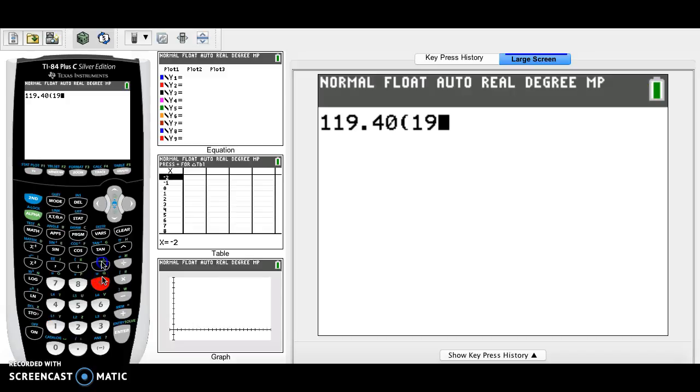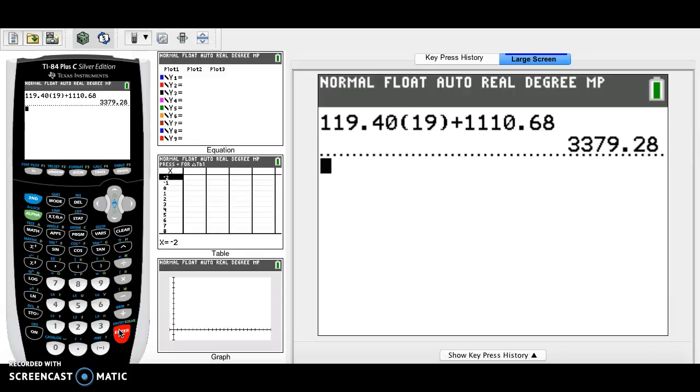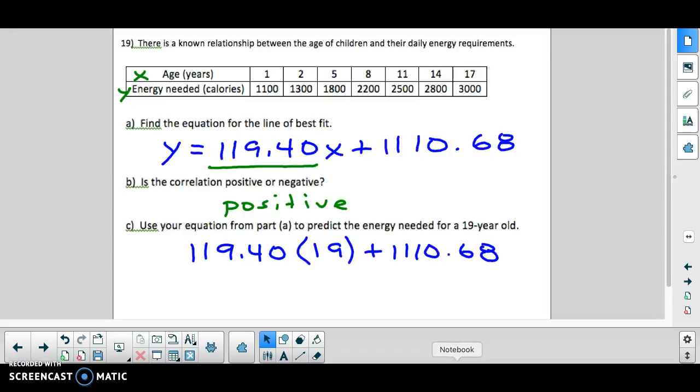Putting in the 19 for the x. Yeah, it looks like we're getting 3,379.28. Since we're dealing with calories, why don't we just round off to the whole number. So let's go with the 3,379, and we may as well label it properly, calories.